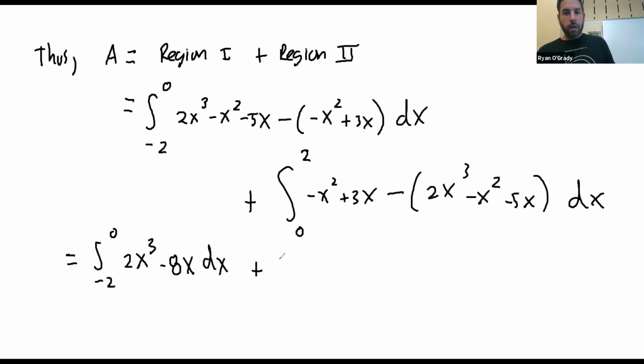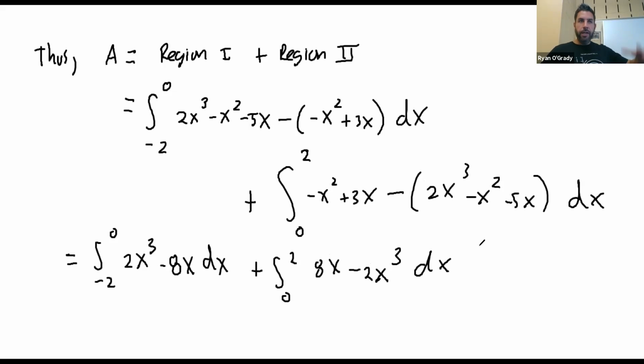And then the second one is going to clean up nice as well. You have -x squared, and then minus a minus is positive, so the x squareds cancel, and then minus a minus, and now you get 8x minus 2x cubed dx. So you want to check your algebra to make sure you don't make any errors, you got to distribute your minus signs, all that fun stuff.